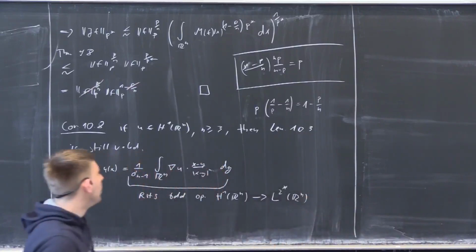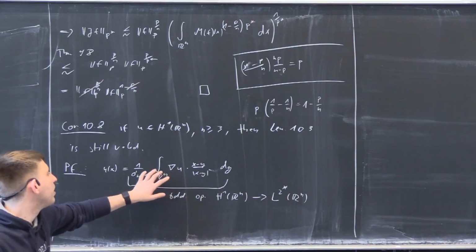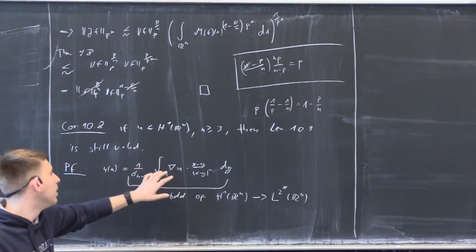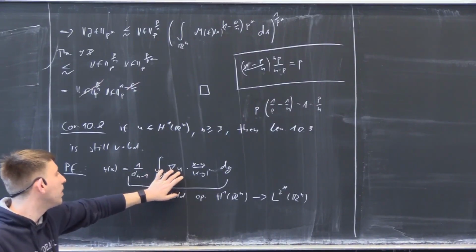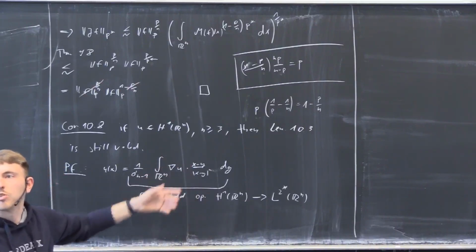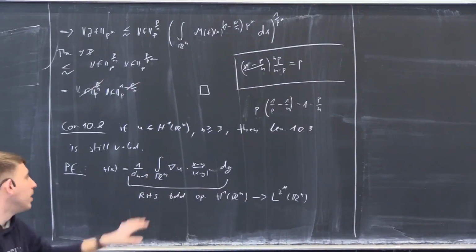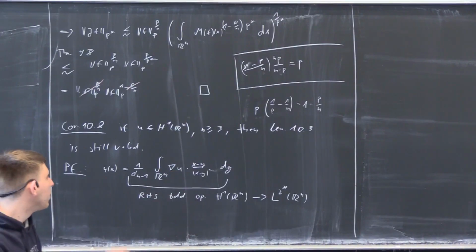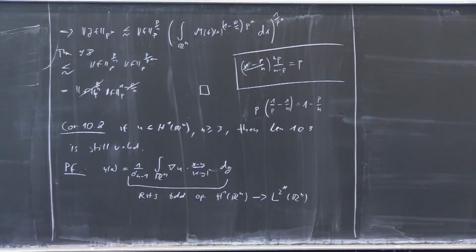So why is this? I mean, this is the expression that I can bound by the Riesz potential of the gradient of u. If u is in H^1, then this is in L^2, and we just showed that we get a bounded mapping from this argument in L^2 to something in L^{2 upper star}. Okay, so this is boundedness of this operator.